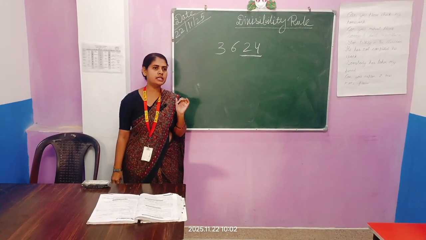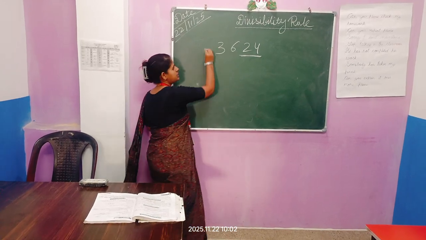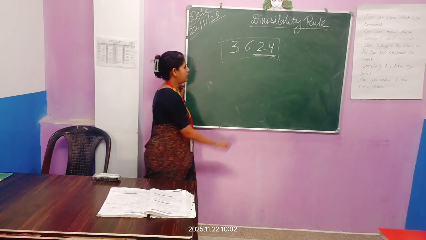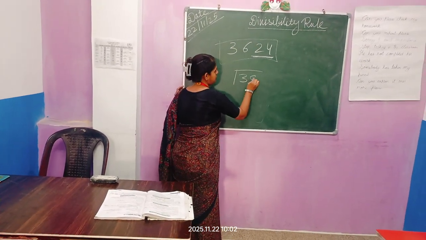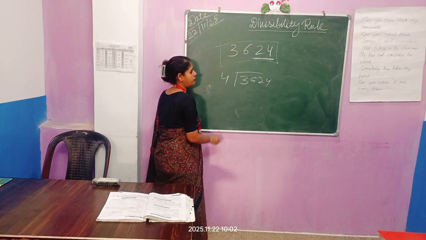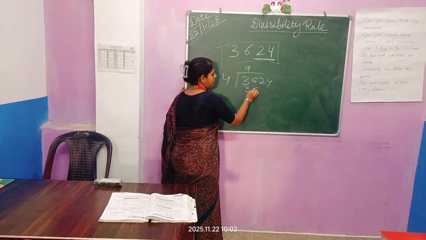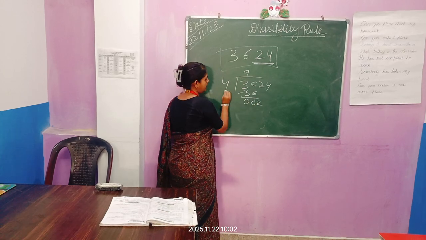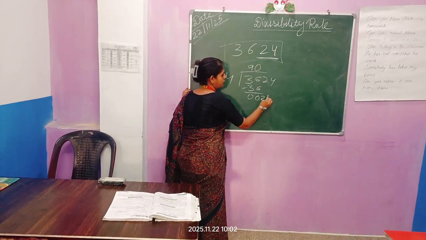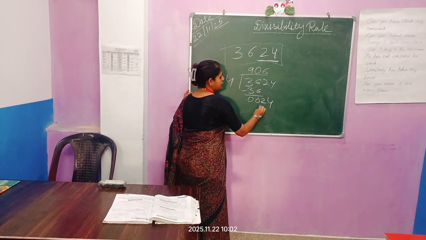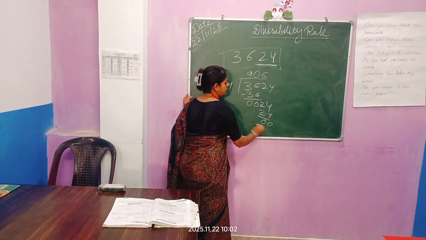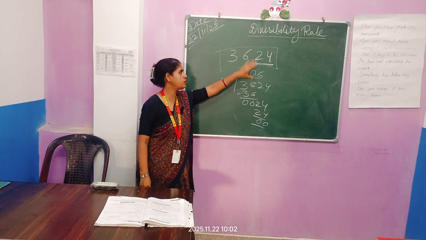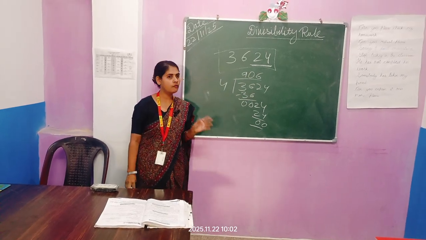Yes, 4 sixes are 24. That means this whole number is divisible by 4. Look at this, 36, 24. If we divide by 4, 4 nines are 36. Then 2 is left, but it is not solved, so we add 0. Then it comes 4, and 4 sixes are 24. Look, the remainder is 0. That means this whole number is divisible by 4.